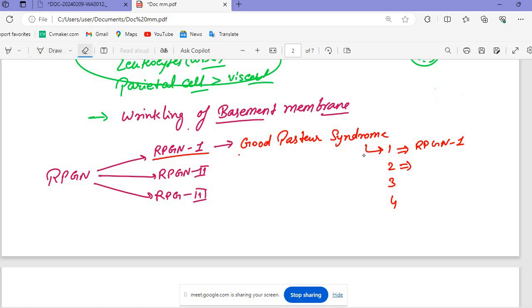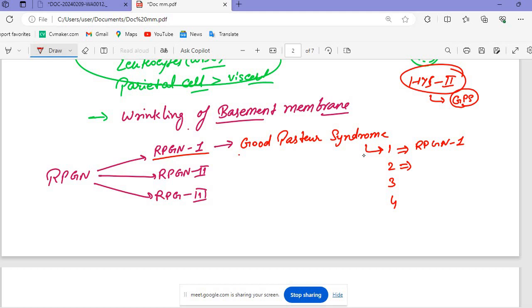There is type 1 and type 2 hypersensitivity. In type 2 hypersensitivity the problem is an antibody problem, and a good example of that is Goodpasture syndrome.